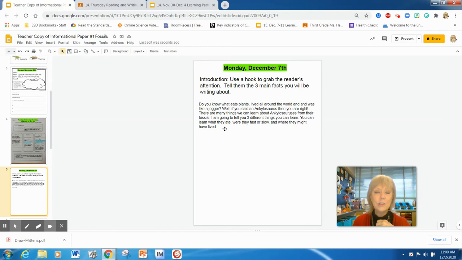But in the introduction, you just give them a little glimpse of what the reader can expect to be finding out about. And as they read on, they are going to find in one paragraph what they ate. The next paragraph will be whether they were fast or slow. And the third paragraph is going to be where they might have lived. Okay, and your fourth paragraph is going to be your conclusion. So that's the steps that we are taking this week as we continue writing about our dinosaurs.